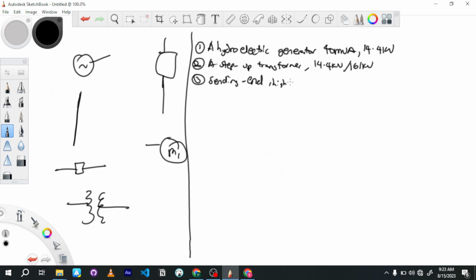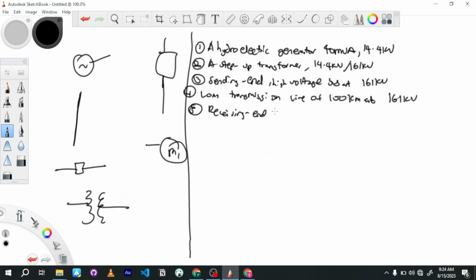The fourth one is a long transmission line of 100 kilometers at 161 kilovolts. The fifth one is a receiving end high voltage bus at 161 kilovolts.